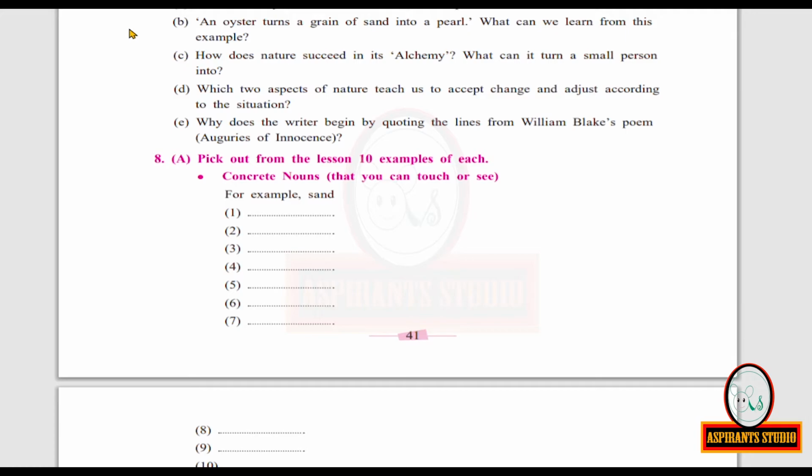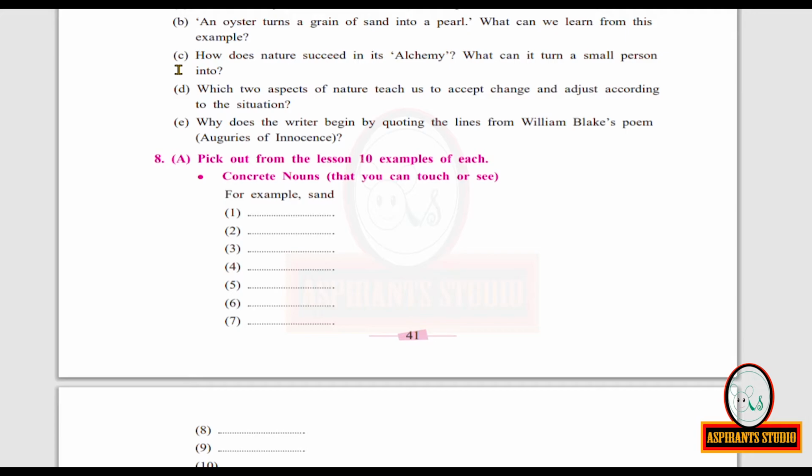So next question. How does nature succeed in its alchemy? What can it turn a small person into? Answer.